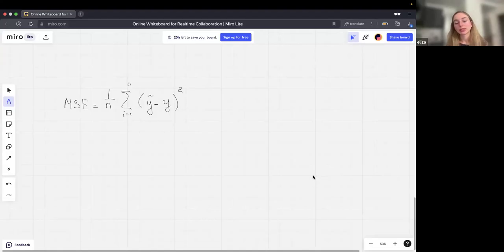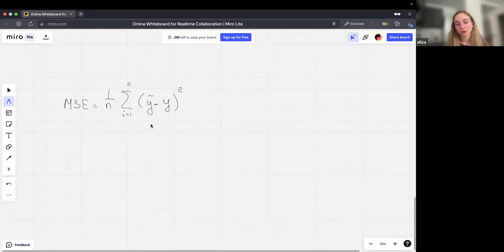This solution is usually called iterative methods, and these methods use the gradient descent approach and other gradient approaches. Let's say that this expression is our cost function.